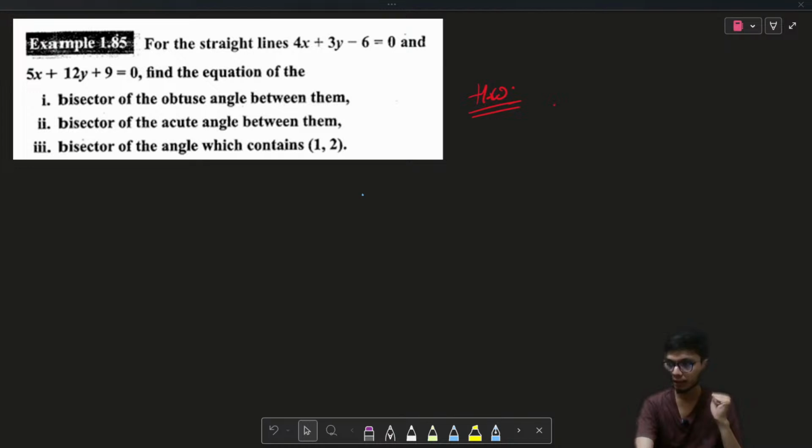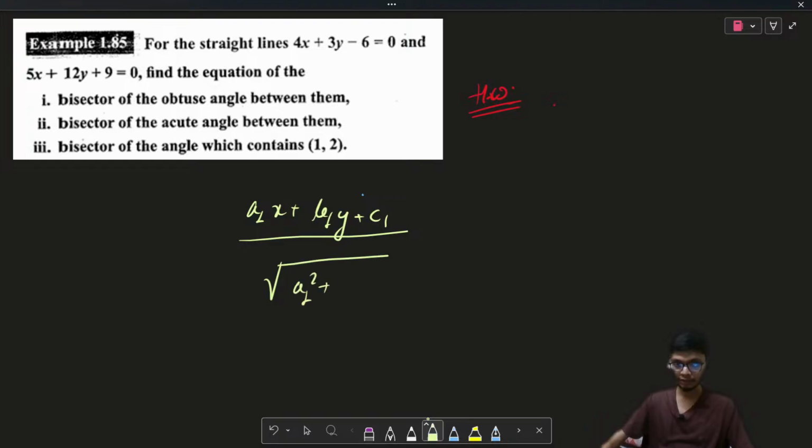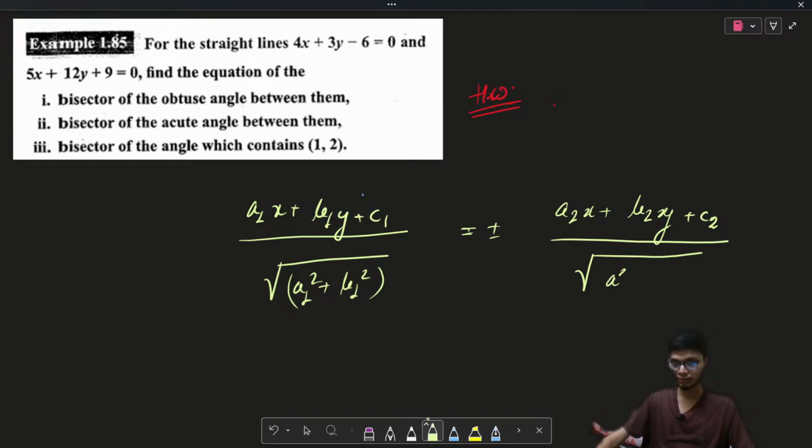If you recall from the last class, the concept of angle bisector was as follows. If I have two equations of lines, a1x plus b1y plus c1 divided by square root of a1 square plus b1 square, that is equal to plus or minus a2x plus b2y plus c2 divided by square root of a2 square plus b2 square, right?